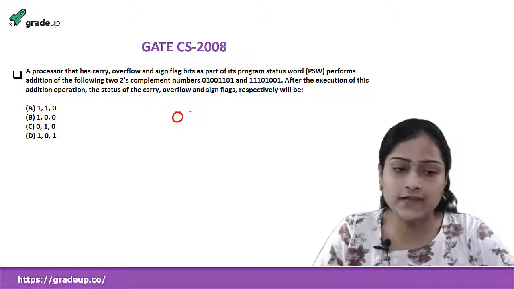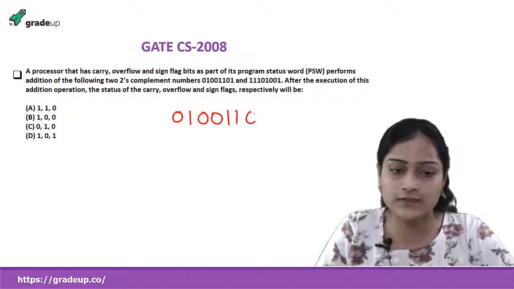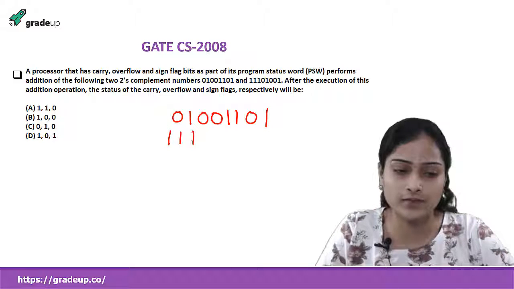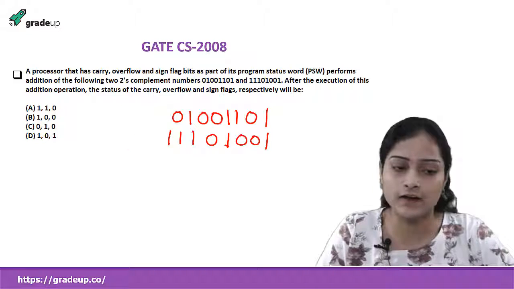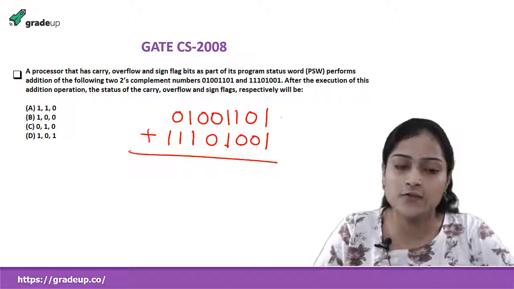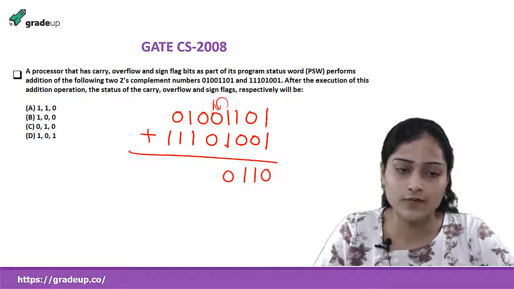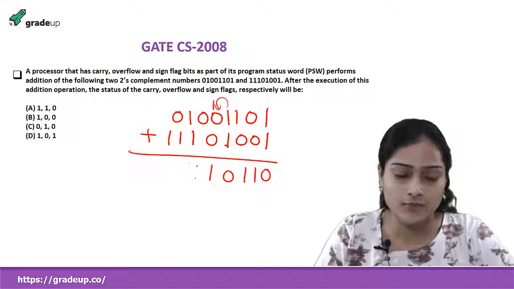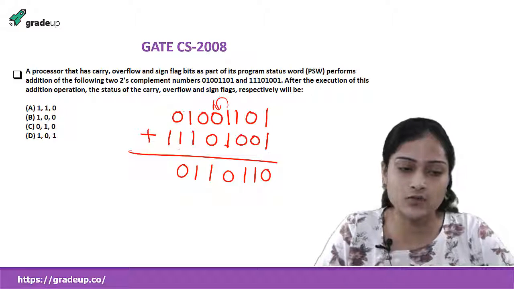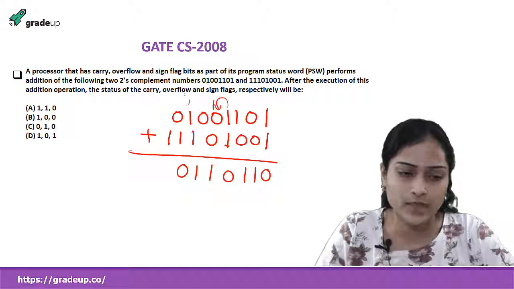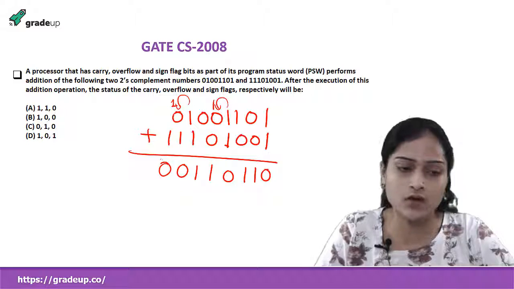Perform addition bit by bit, and this time 1 carry is given inside, 1 1 again 0, and 1 carry out of your MSB.